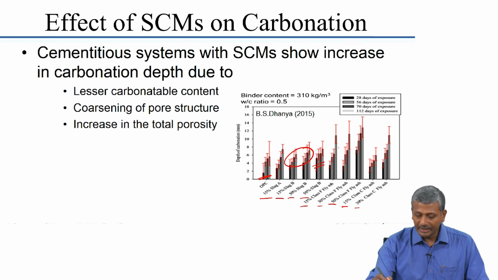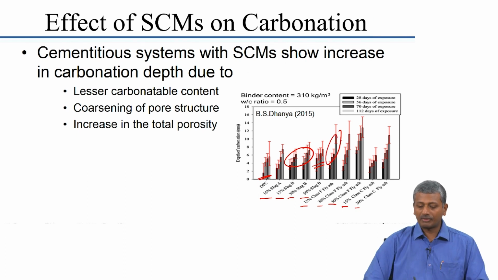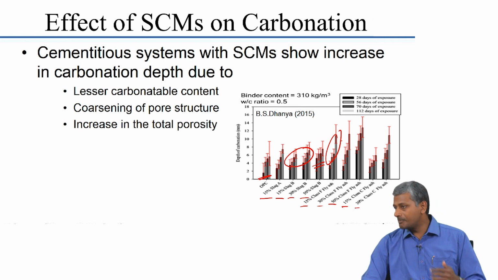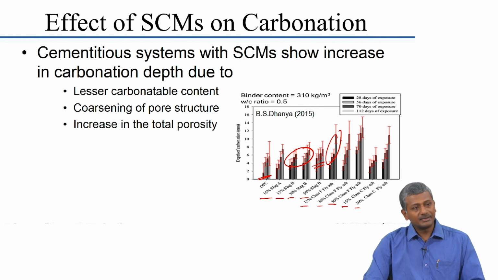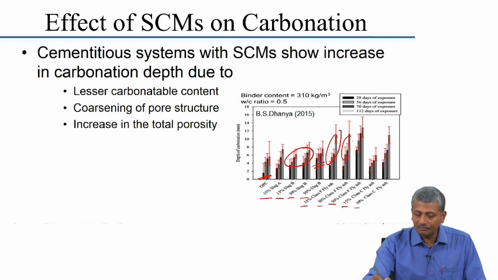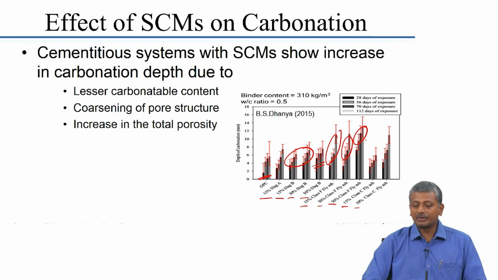With fly ash, even with 15% of fly ash, class F fly ash, that means the low calcium fly ash, even with 15%, the extent of carbonation or carbon dioxide penetration is greater than that of Portland cement. So, when we are using PPC, you can expect that the depth of carbonation is going to be greater when PPC is used instead of OPC. Now, of course, at 30 and 50%, the carbonation depths are further increased when you substitute cement with fly ash.